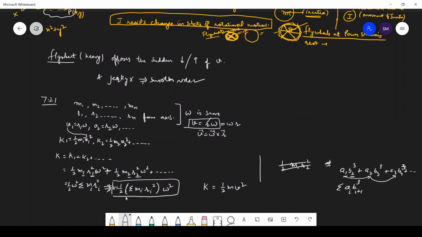So you can see that this thing is the analog of mass. So that is I. And this is square of angular velocity. This is here linear velocity. So I equals to sigma mi ri square. Okay.